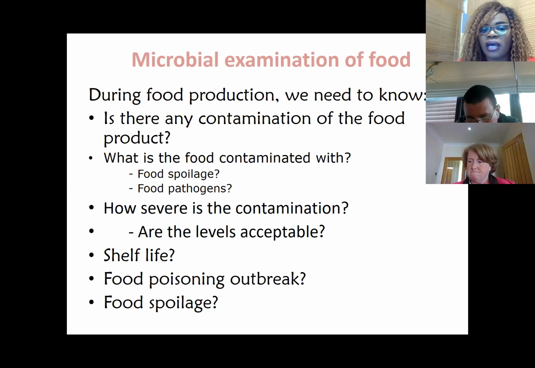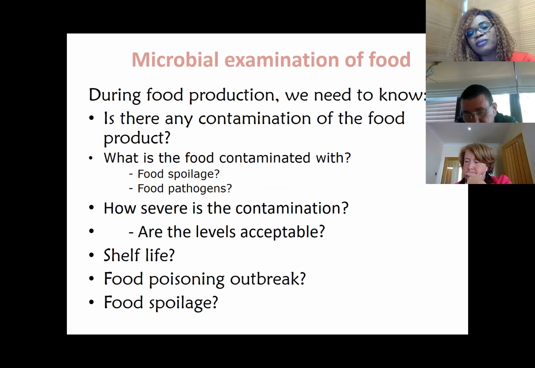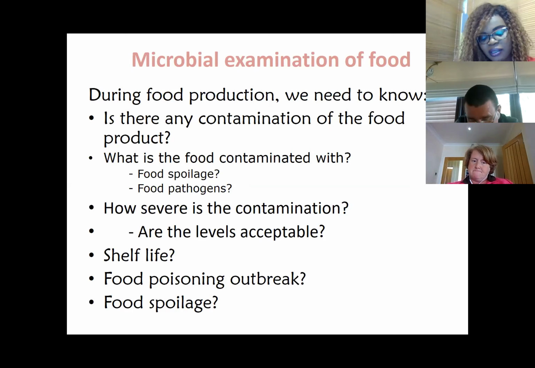And also we need to know how severe the contamination is. Are the levels acceptable? This will give us an indication of shelf life, and when you're setting shelf life, is there potential for a food poisoning outbreak? Or is the food going to spoil and hence change the organoleptic properties whilst it's out there in the market, and how long?